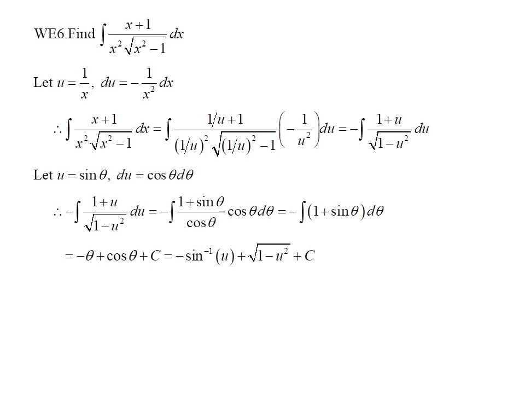After being substituted back to variable u, the entire antiderivative becomes negative arcsine of u plus square root of 1 minus u squared plus c.